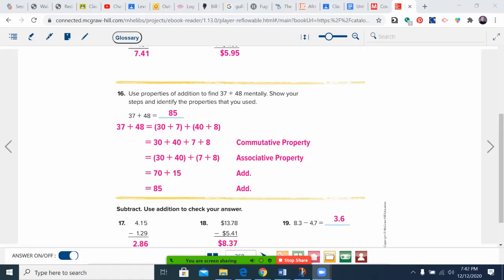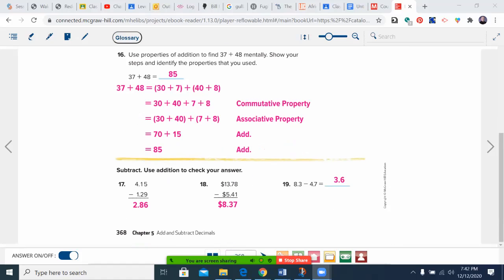Then you can regroup. I put my tens together, the 30 and the 40, and my ones, the 7 and 8. Now I associate property by adding the tens, which is 70. 7 and 8 is 15, and then I add and I get 85. Number 17 and 19, subtraction. Again, write 8.3 minus 4.7 below.